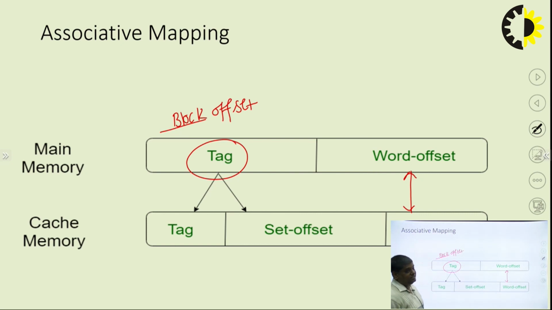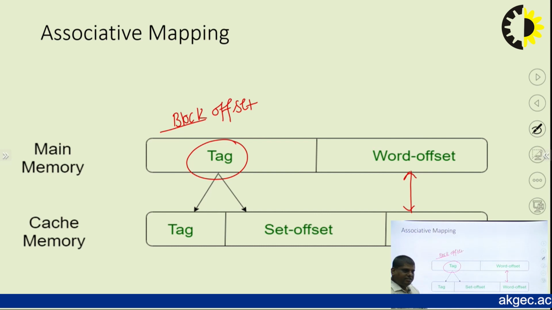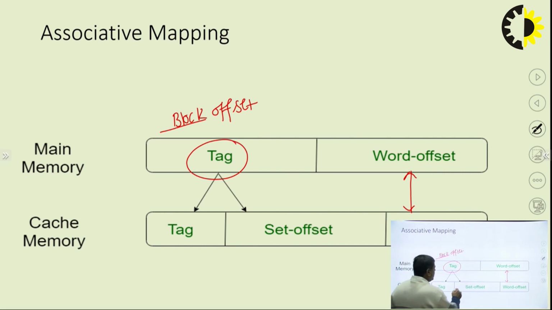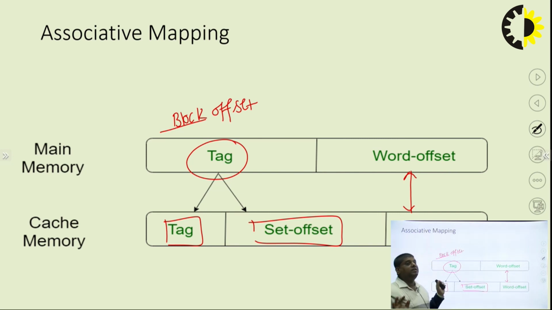When the physical address is converted into the logical address, the block address is converted into two parts: first the tag and then the index. Index is also known as the set offset, and the tag is the same. How many blocks can be accumulated into the cache is known as the tag, and the number of blocks available in the cache is known as the index.